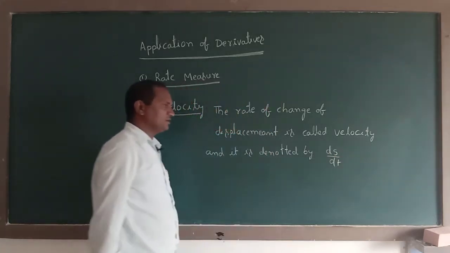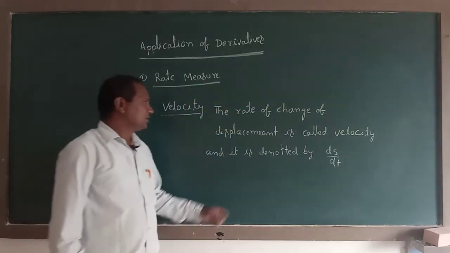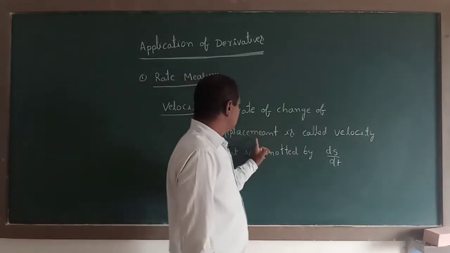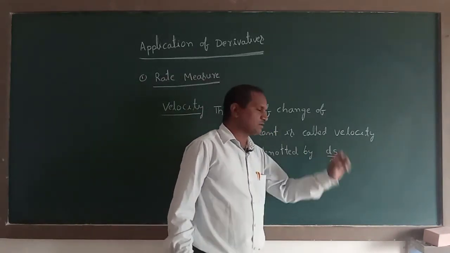V is equal to ds by dt, the rate of change of displacement.